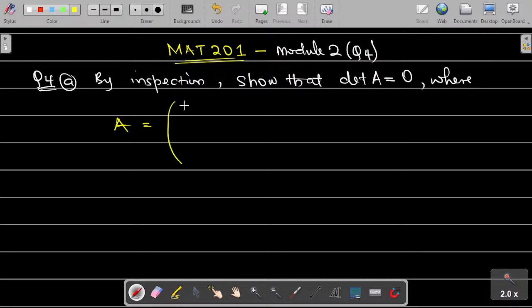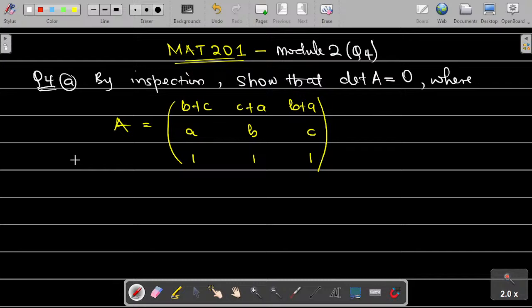We are given b plus c, c plus a, and b plus a, while here is a, b, and c, and then here is 1, 1, 1. So this is what we are given, and we are to show that the determinant of this without computation is going to be equal to 0.